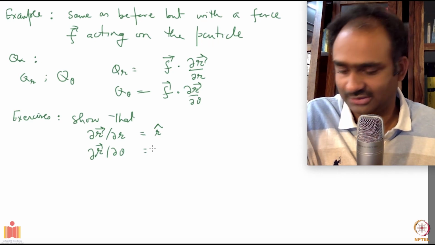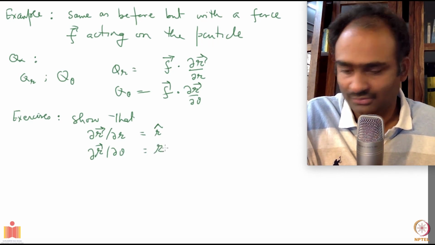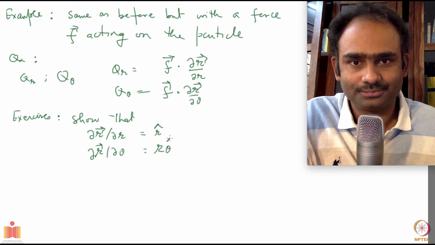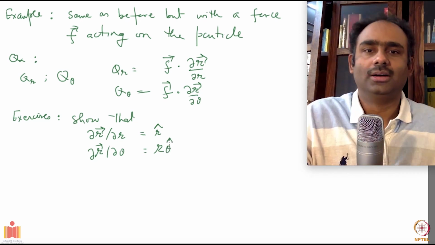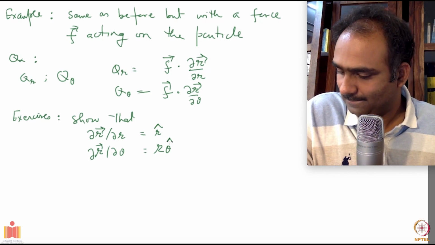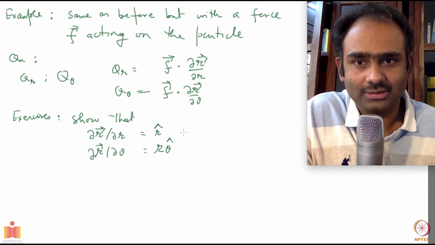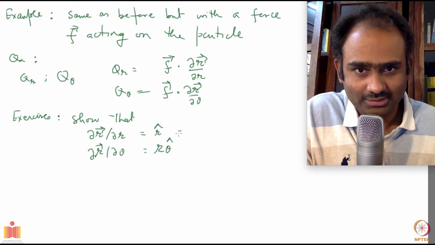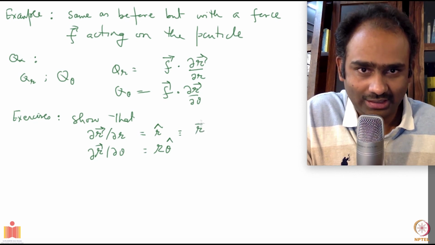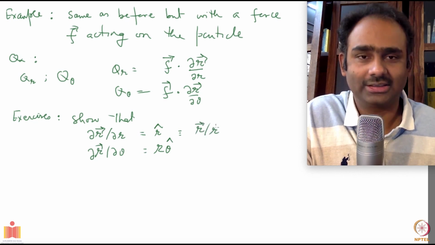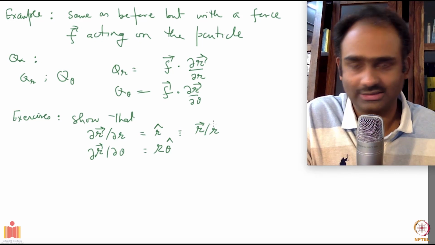The dimensions have to match, and you get R theta hat. That's correct. And R hat, if you are not sure, is vector R over R. So that is why it is dimensionless, because the dimensions cancel.